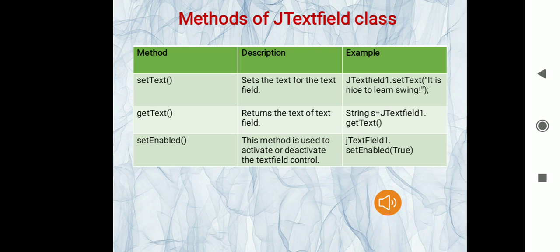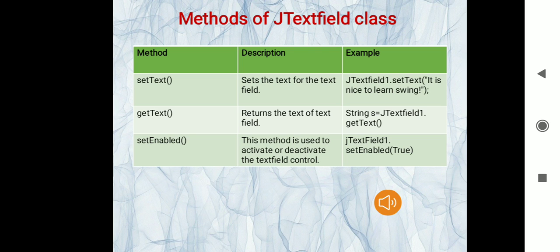Say for example, if you wish to store the text field entry into a variable called s, then write the Java code as string s equal to JTextfield.getText. Now since the text field contains the text it is nice to learn swing, so that will get copied into the variable s.